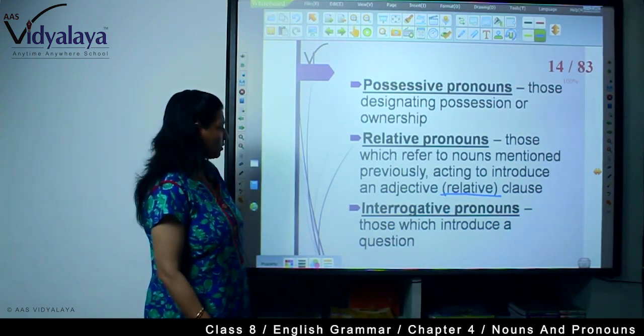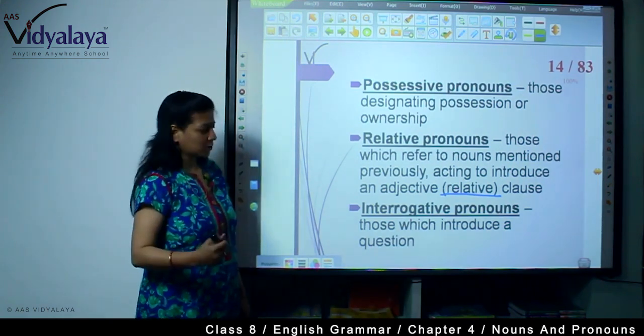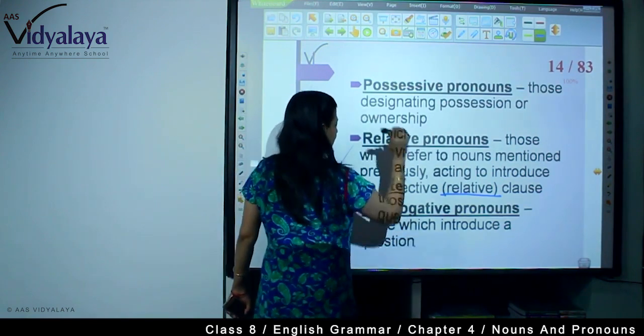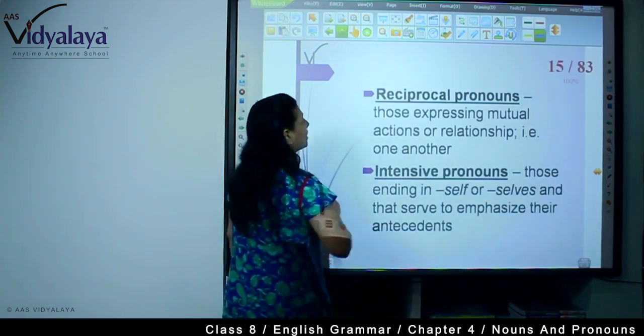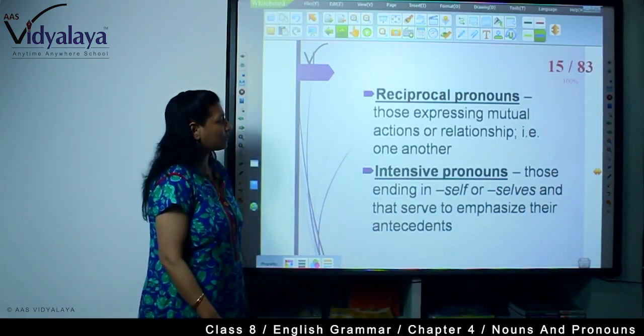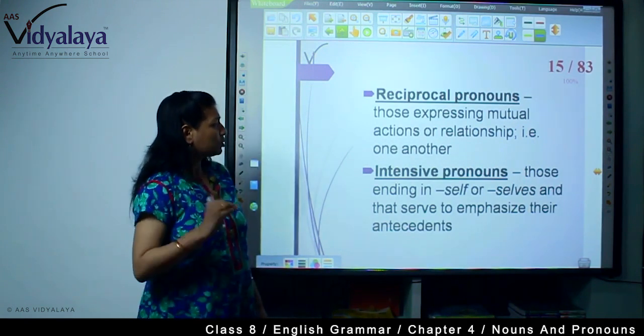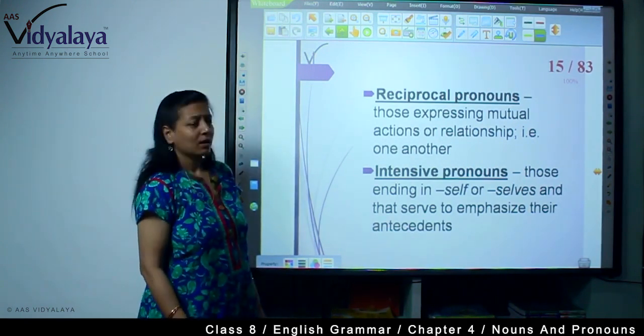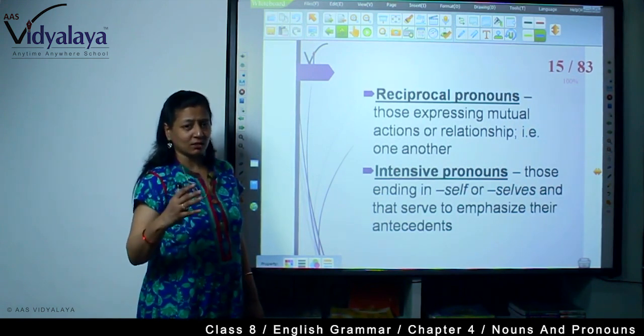Now, interrogative pronouns: those which introduce a question. Then reciprocal pronouns: those expressing mutual actions or relationship, like one another, each other.